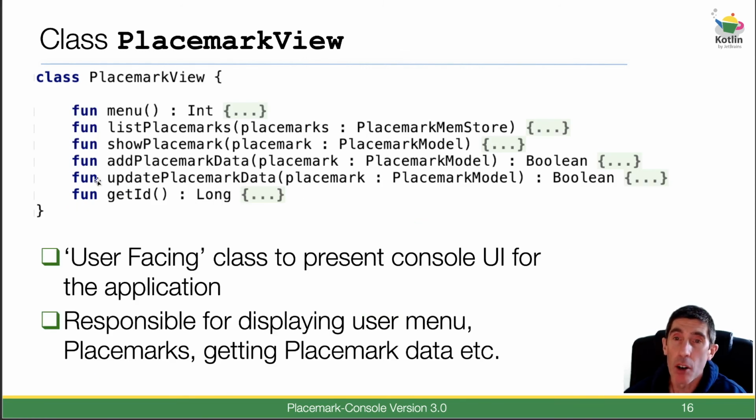And a couple of other ones there: update placemark data to trigger an update, and get ID to generate a unique ID for a placemark object itself. Again, this is the user-facing class that presents the console UI for the application, responsible for displaying the user menu, displaying the placemarks, getting the placemark data, etc.